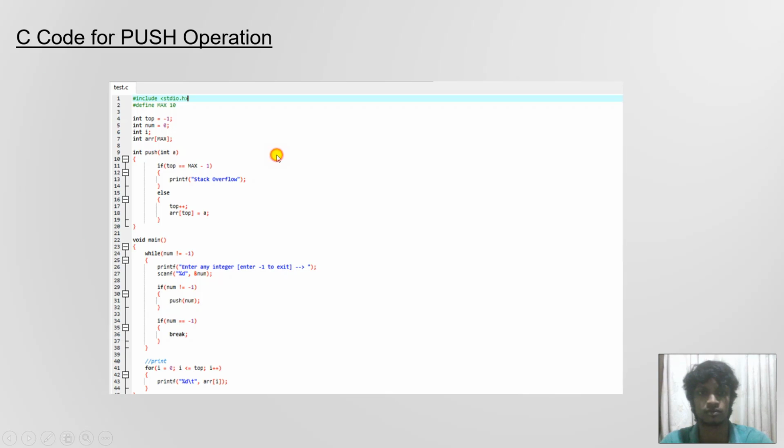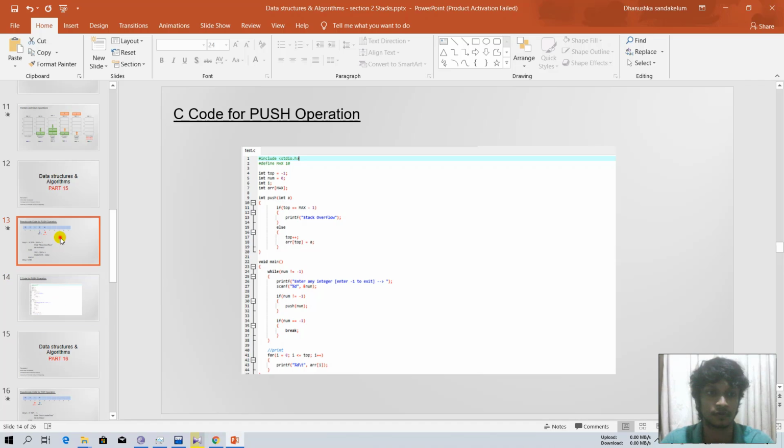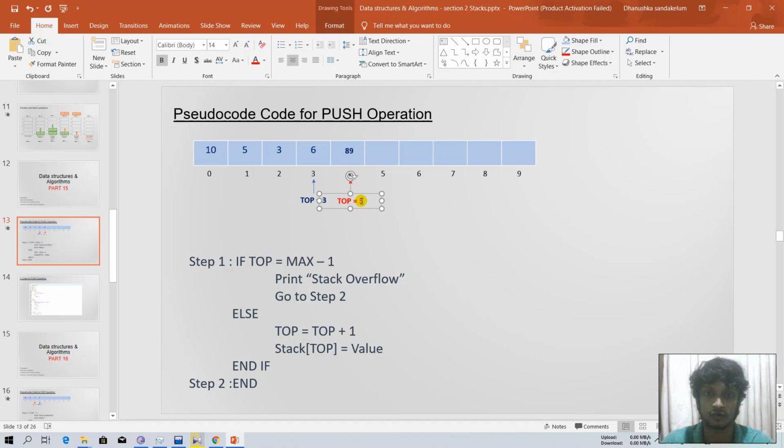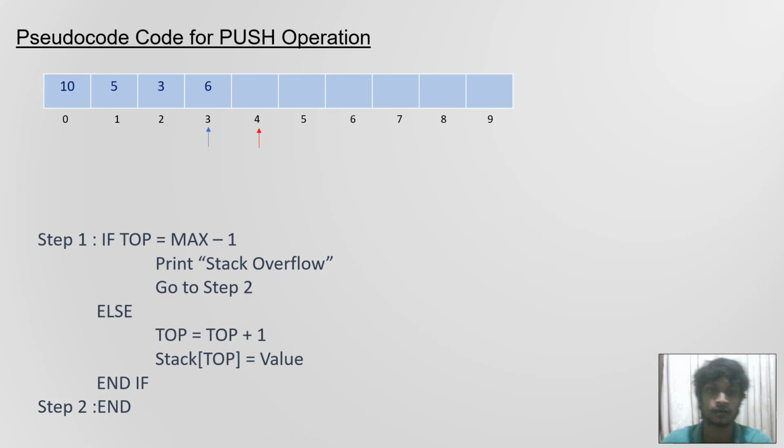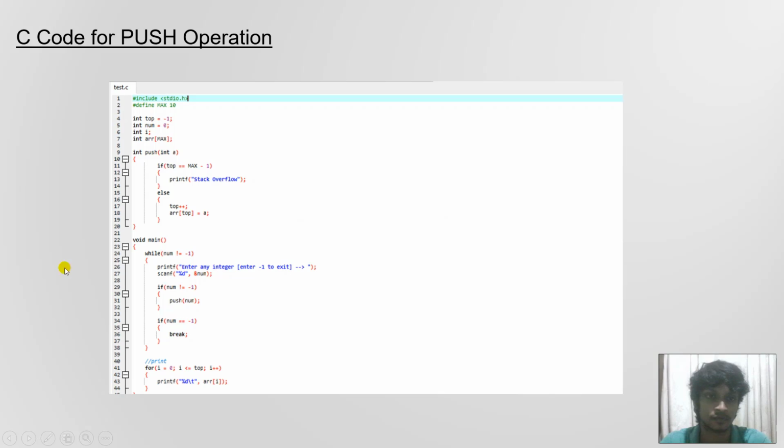So this is wrong, the top will be equal to 4. Likewise, now I have successfully inserted a new value into this stack. So this is how our pseudocode works. So let's move to our C code.